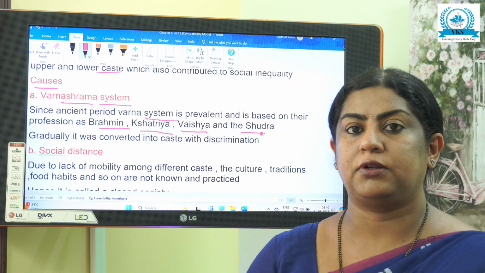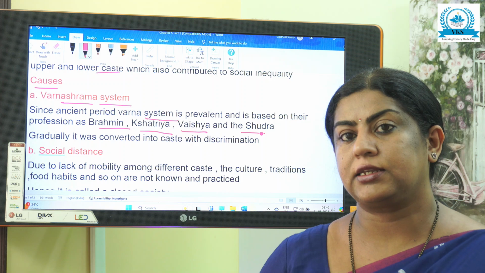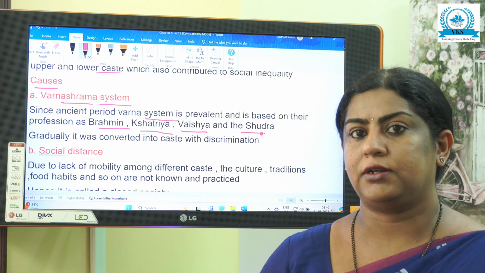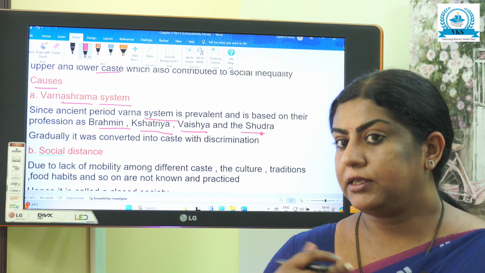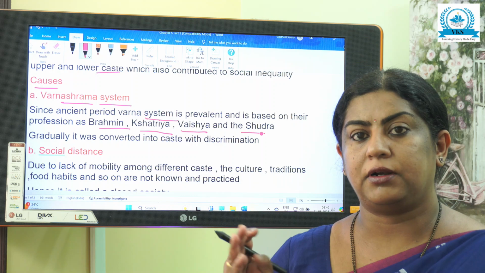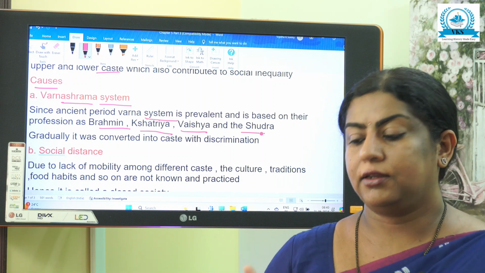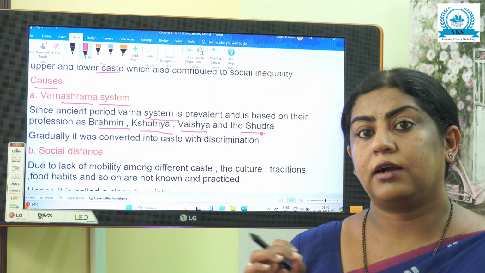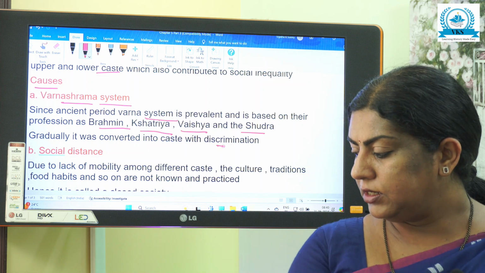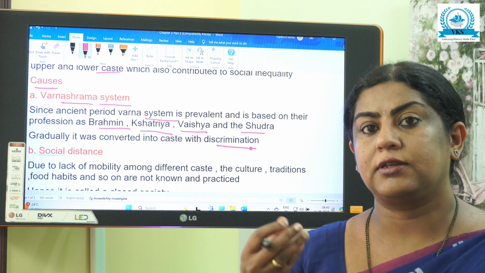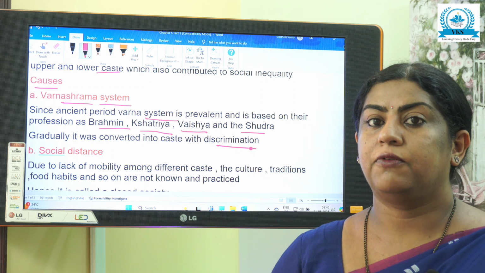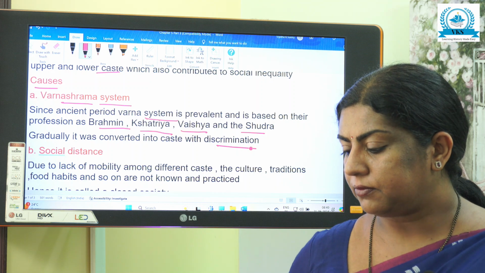It existed from ancient times based on profession, but later it got converted into caste discrimination. So this is the first cause of caste-based inequality.